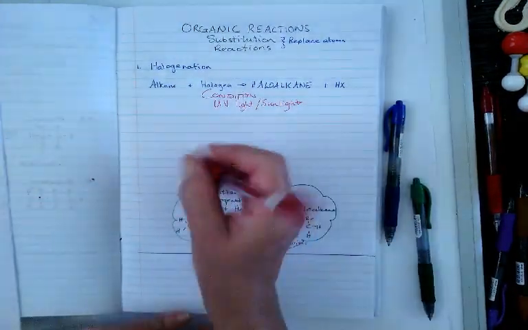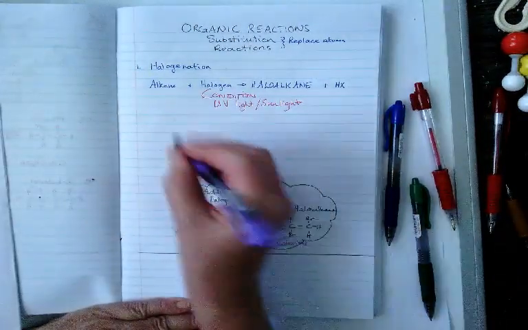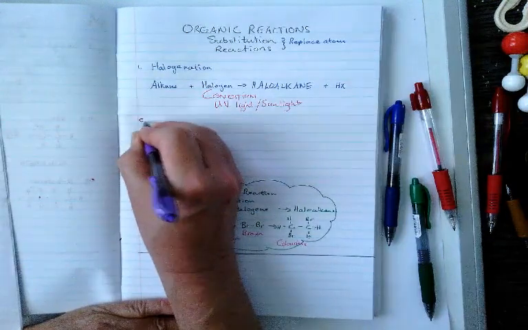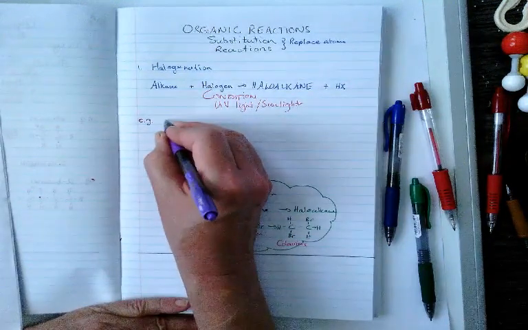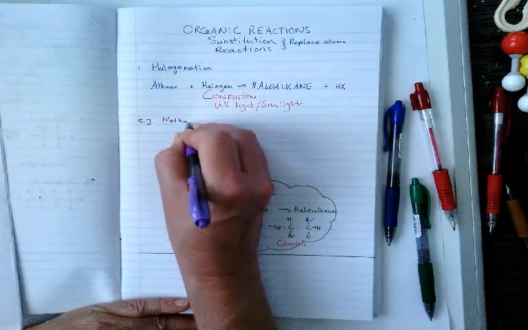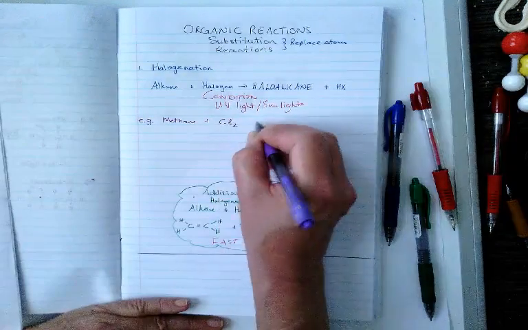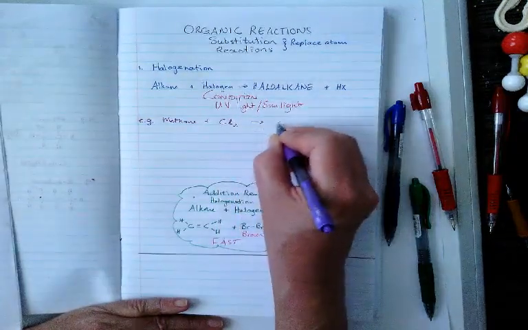We are going to do two examples. The first example is we're going to take methane and react chlorine with it, and it will make chloromethane.